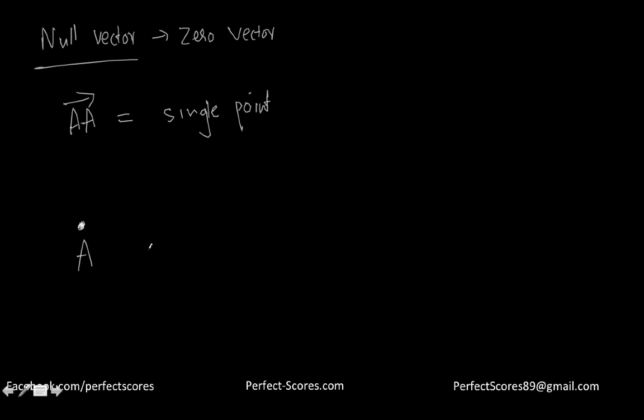This is the only vector which has a magnitude of 0, and it has no defined direction as well. It just represents one point. This is what is called a zero vector.